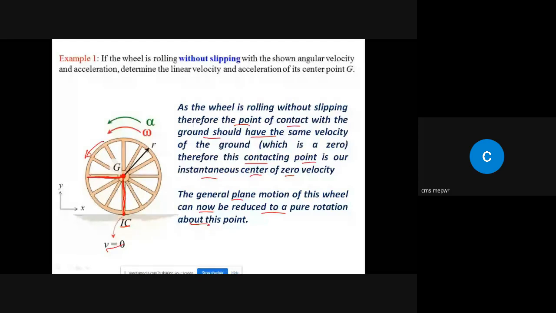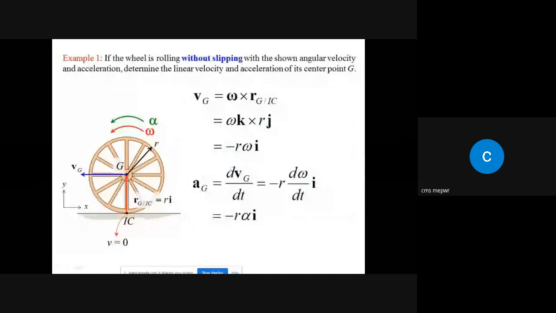The velocity direction will be like this. This is the position vector, the position of point G with respect to the instantaneous center of zero velocity, given as r_G/IC. And we know that the velocity will be perpendicular to the position vector, which we have shown here.